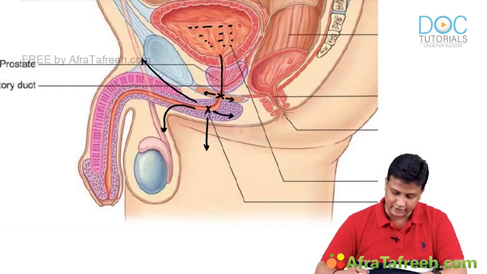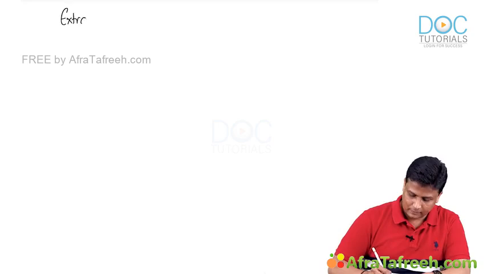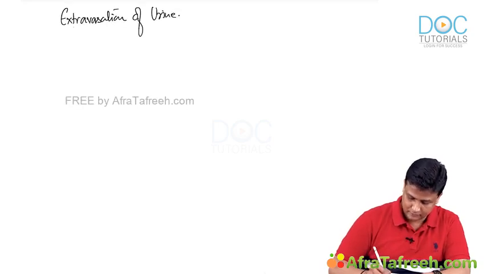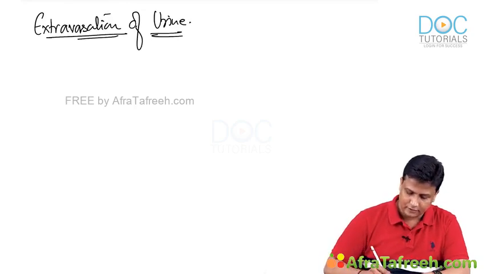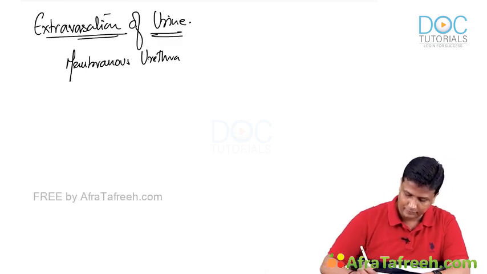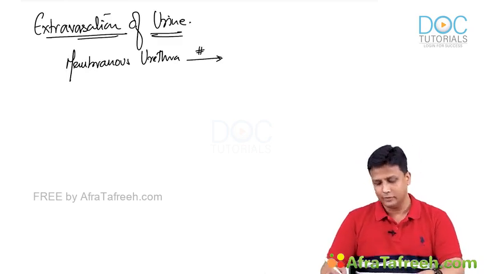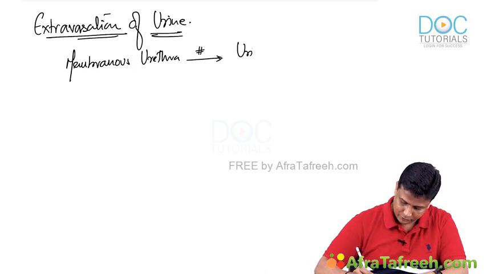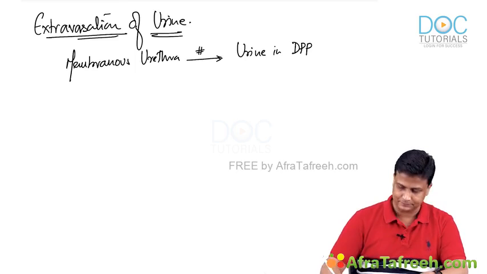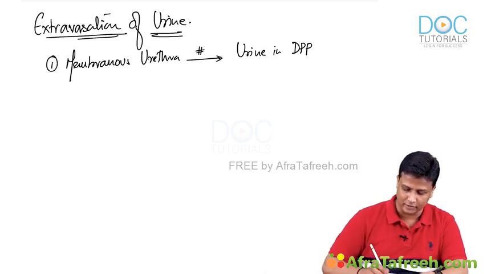So let's just write that and finish it off. Extravasation of urine. First, if there is a rupture of the membranous urethra, then you'll see the urine extravasating only in the deep perineal pouch. That is condition number 1.